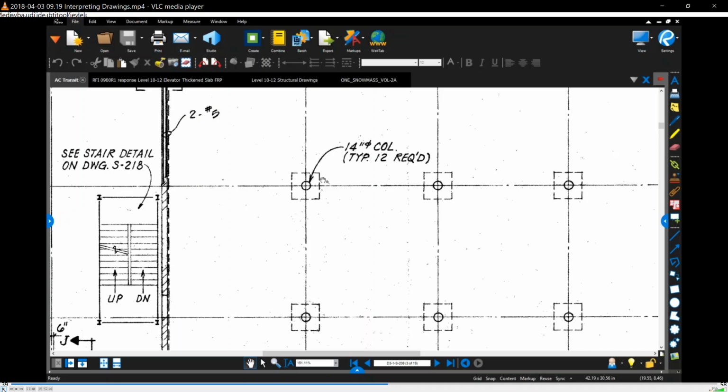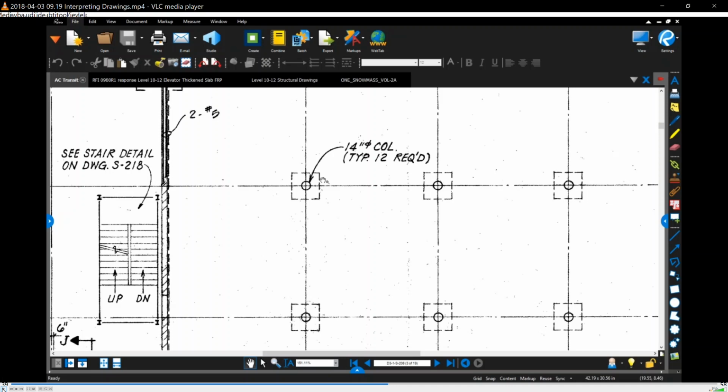But for a drop cap, you guys know what a drop cap is, right? Remember that vocabulary sheet? A thickened portion of concrete, and on this particular project, the column also goes up. So this is a thicker piece of concrete around the column, and this is typically, I think, 7 1/4.